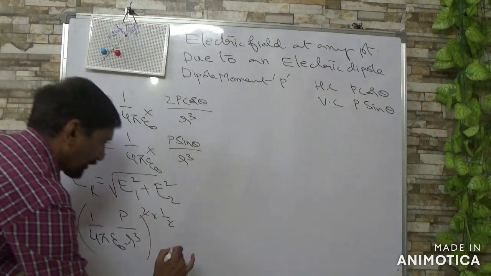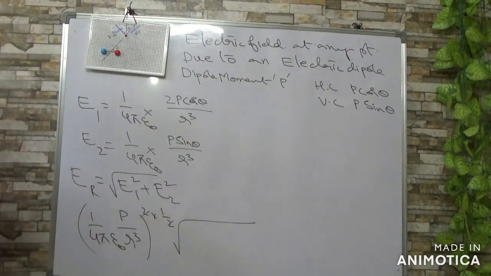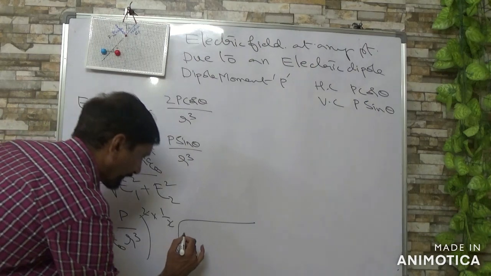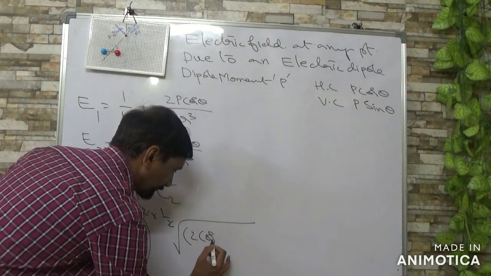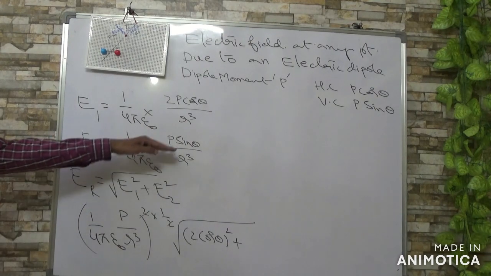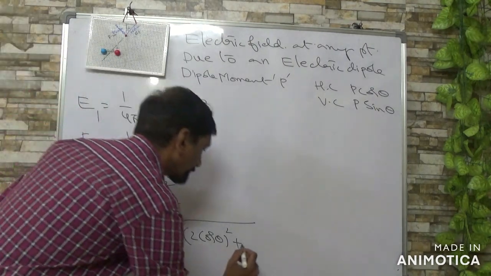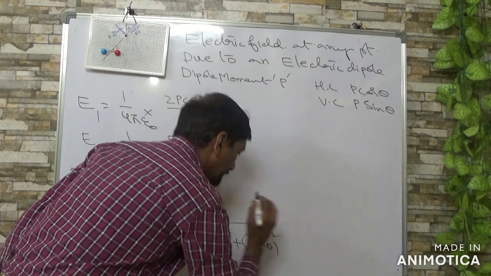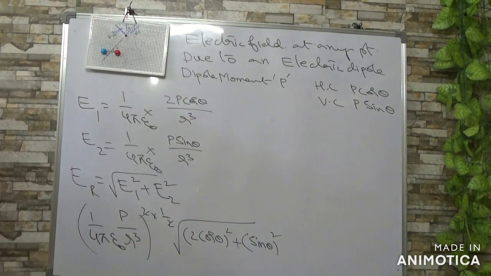Under the root, only 2 cos theta whole square is left, plus sin theta square is left.